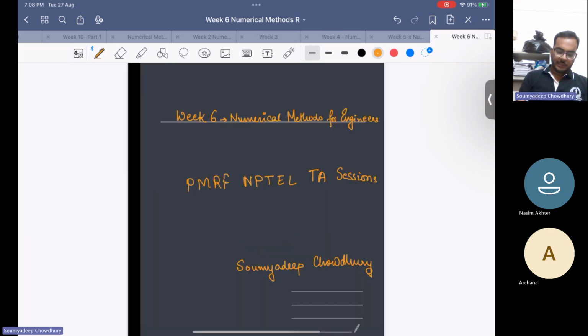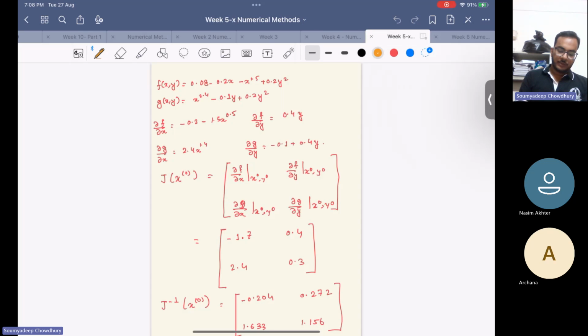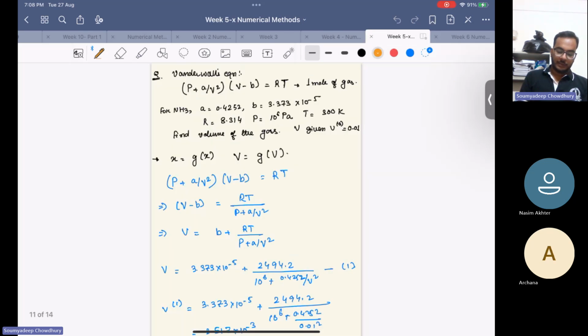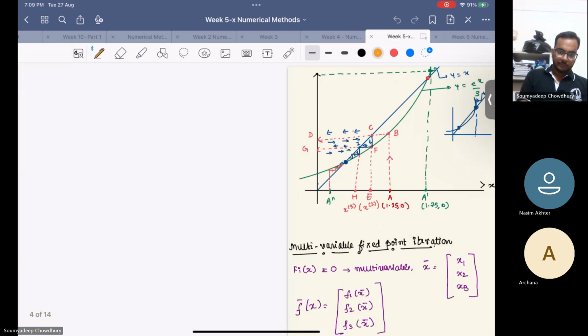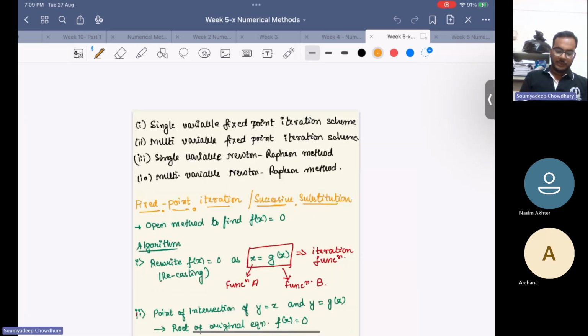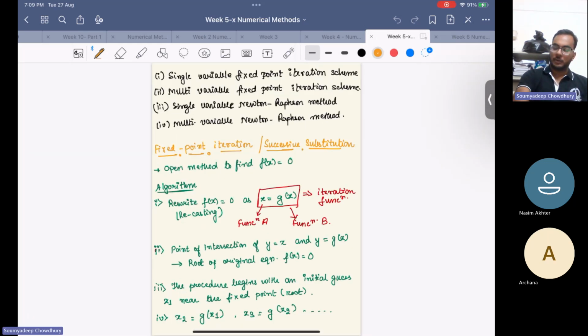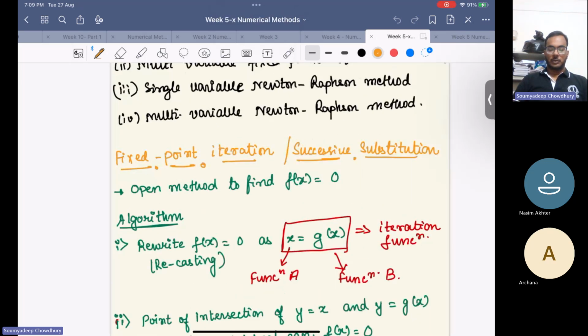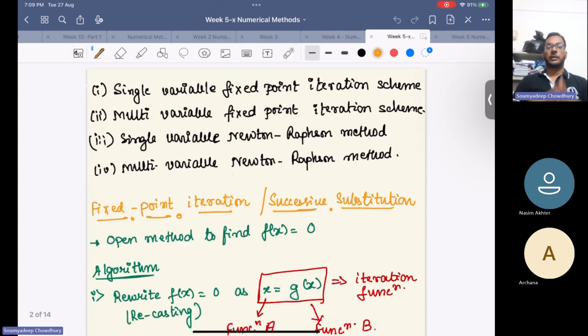Last class, we'll quickly recap what we had discussed. Basically, we were talking about solving nonlinear equations, right? How to obtain the roots of different nonlinear equations.